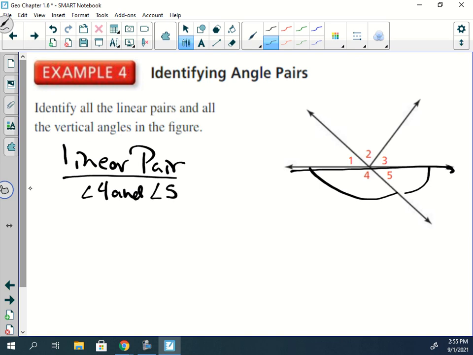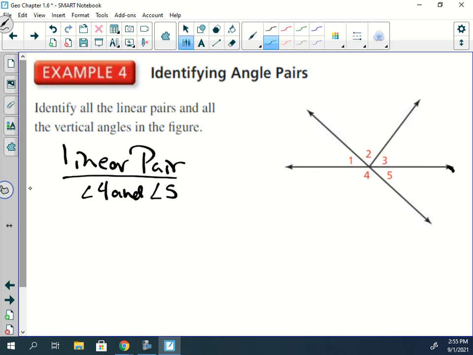Now angles 1, 2, and 3 do make a straight line, but how many angles are there? 3 angles, yes? But we're talking about a linear pair, how many are in a pair? 2. So if it's more than 2, it would not be a linear pair.